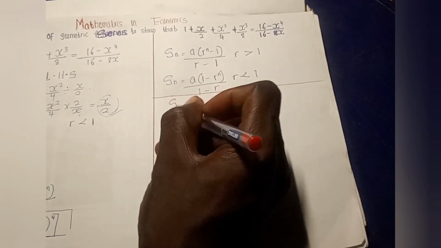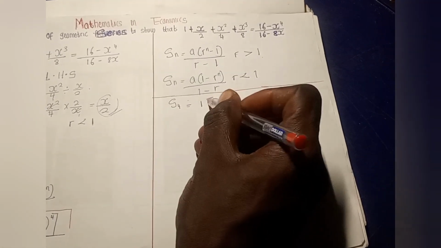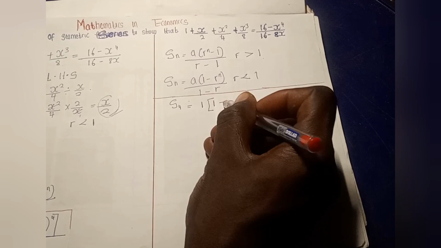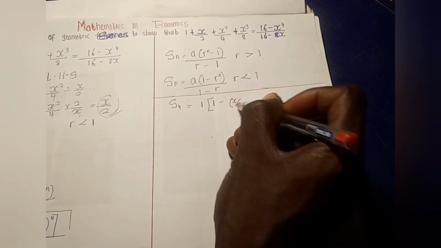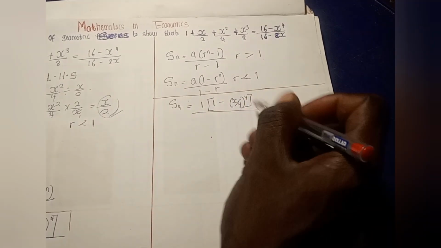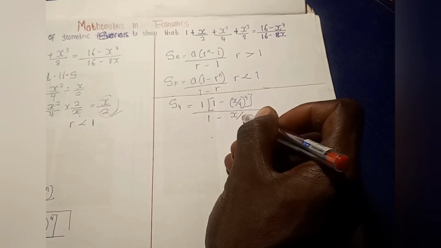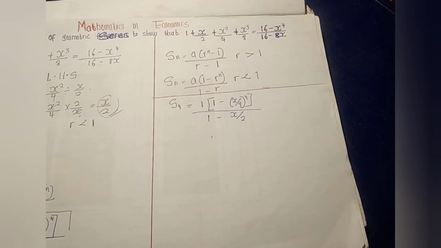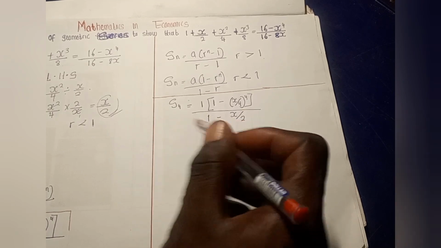So S4 equals 1 into bracket 1 minus x over 4 raised to power 4, all over 1 minus x over 2.